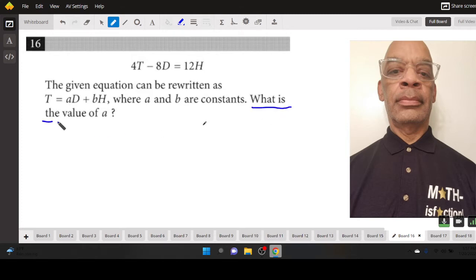What is the value of A? Given equation can be rewritten as you see here. Here's the original equation. So we need to solve for T. Add 8D to both sides. That will give us 4T equals 8D plus 12H.